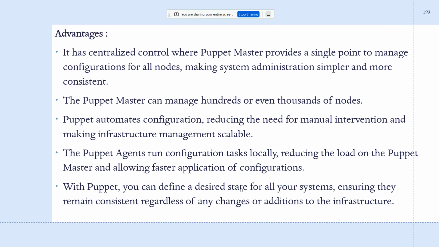The Puppet master can manage hundreds or even thousands of nodes, meaning many agents can attach to it. So here it is a single point to manage all configurations. Puppet automates configuration, reducing the need for manual intervention and making infrastructure management scalable.